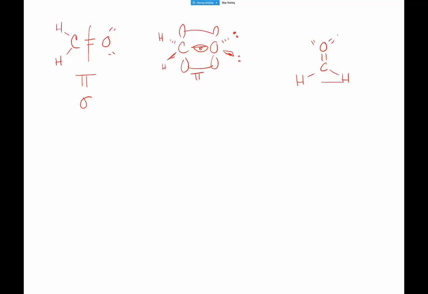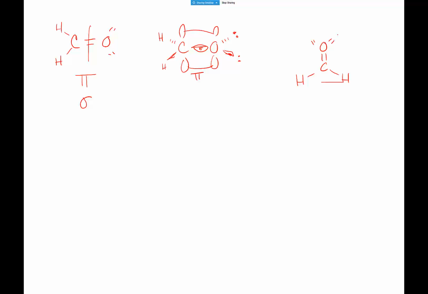There's a big issue that formaldehyde is in a lot of products and it degasses and it's a little carcinogenic, so it's an industrial byproduct. But if we look at formaldehyde, let's say I wanted to sketch the orbital picture, which I started to do as I was answering that first question.